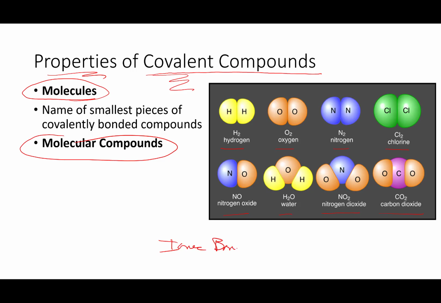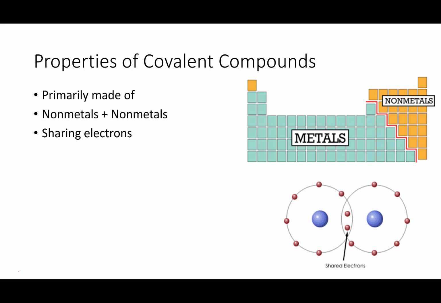When you have something that is ionically bonded, that small piece is called a formula unit. It is a small differentiation in chemistry, but if you are going to be a correct chemist, it is molecules if they're covalently bonded and formula units if they are ionically bonded.